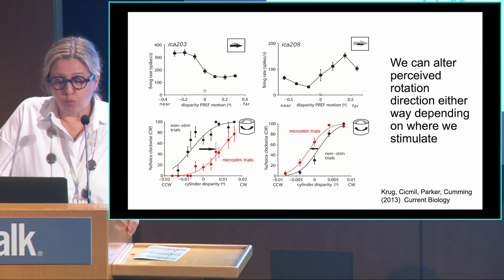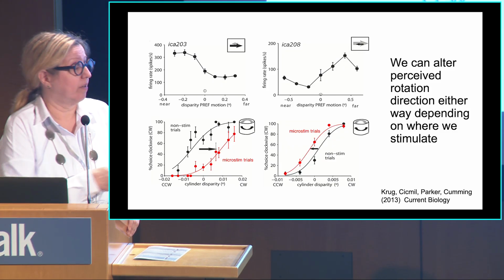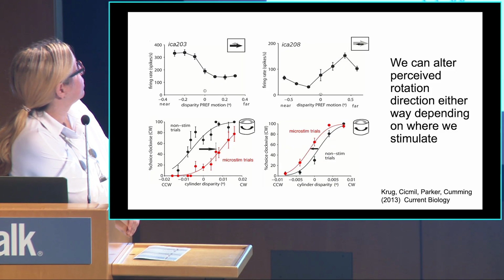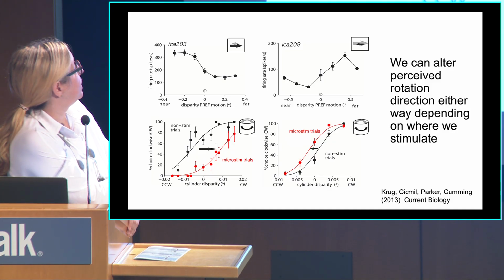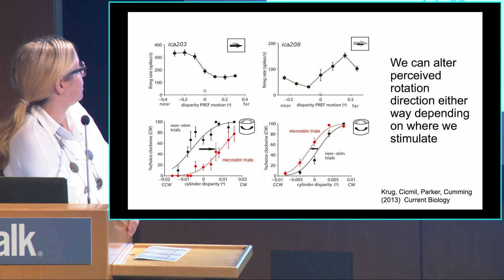And it doesn't just work for stimuli in the front or at one direction. So here's one example. This is a site that prefers right and in front, and you get more rotation in the counterclockwise direction. This is the shift between the non-stim and the stimulated trials.